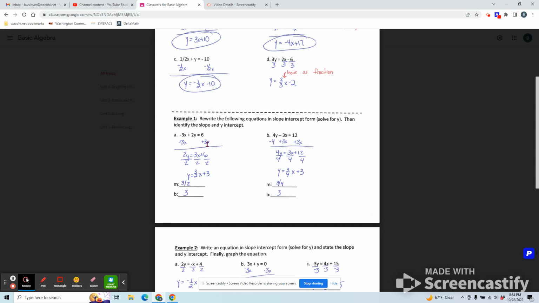So I add 3x to both sides. These are not like terms. One has a variable, one does not. Divide everything by 2, and notice I'm leaving it as a fraction. Y equals 3/2 x plus 3. I left it as 3/2 x. Okay, that 3/2 x tells me that is my slope, 3/2. There's my y-intercept. Letter B is very similar.